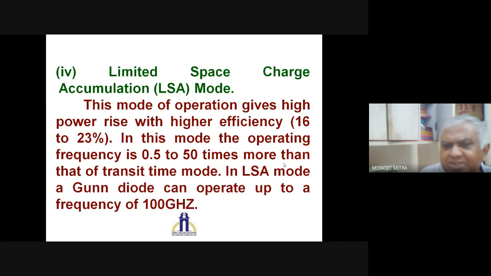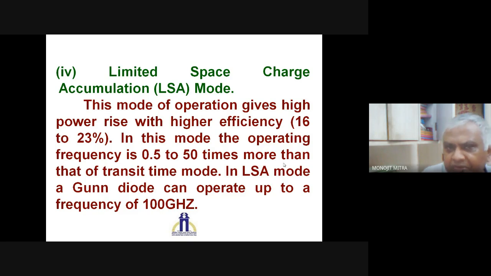This mode of operation gives high power at higher efficiency. In this mode, the operating frequency is from 0.5 to 50 times that of transit time. But it is really very difficult to get higher frequency and higher power at the same time, because the frequency-power relation is always inverse.